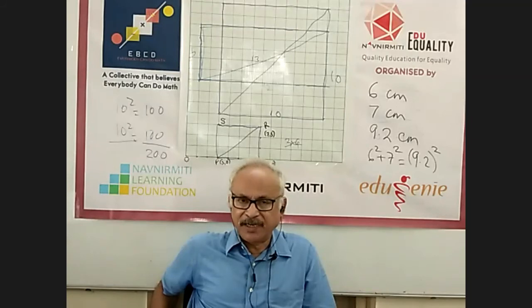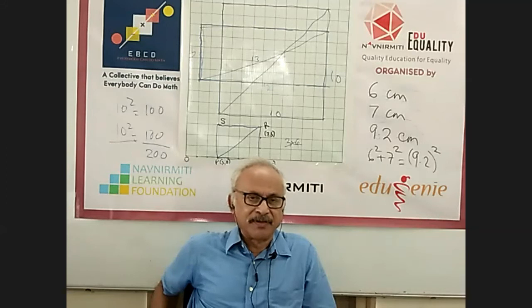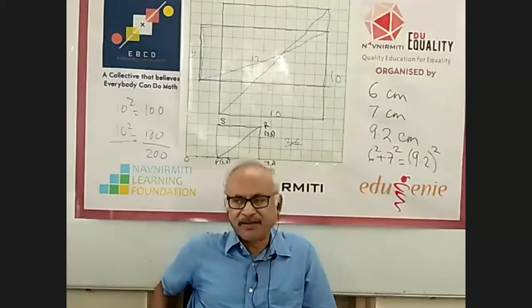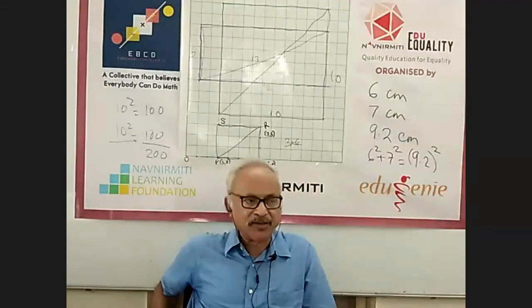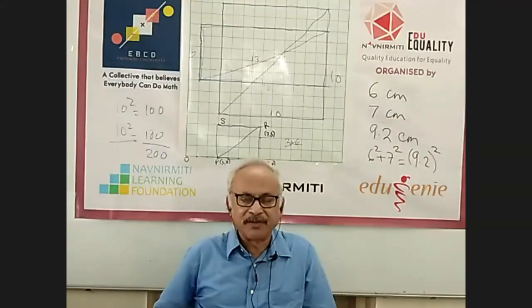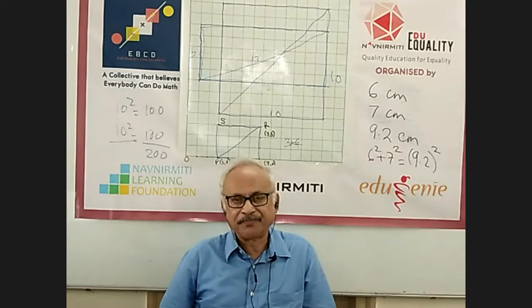We have not yet studied fractions and decimals. So here too, we were going a little ahead. And after a couple of weeks, we will be studying fractions and decimals in detail, and we will understand this much better.